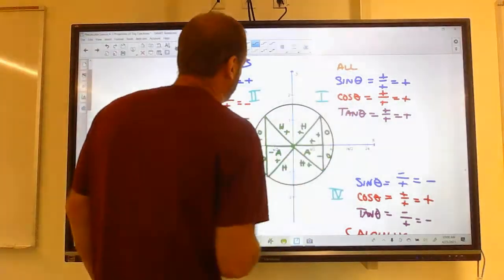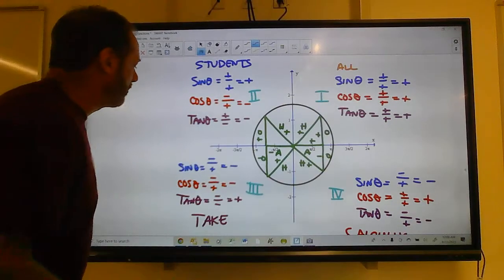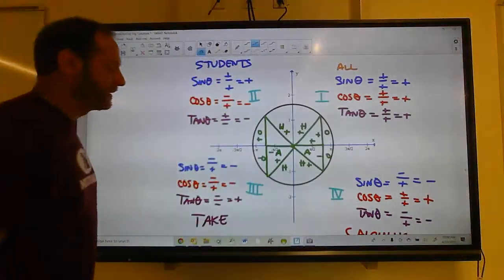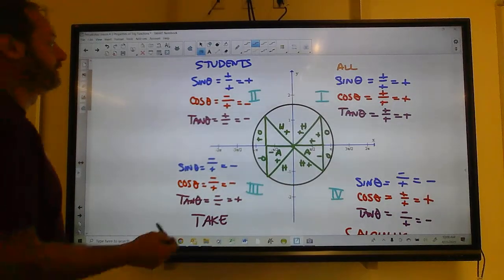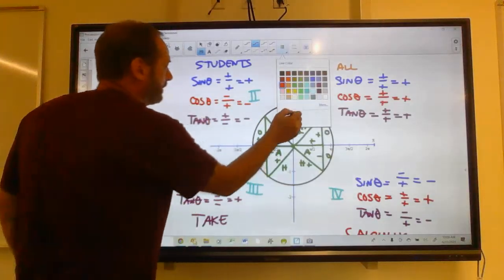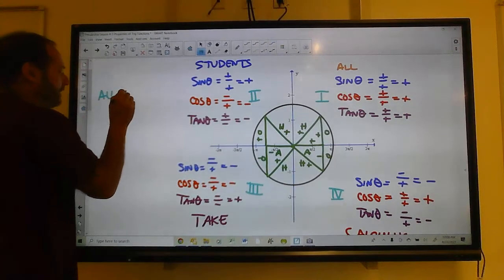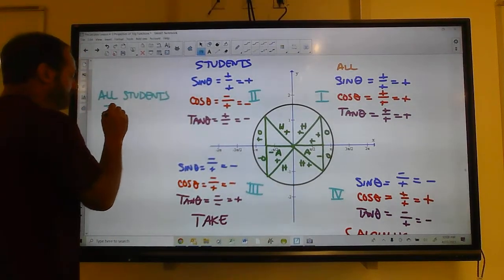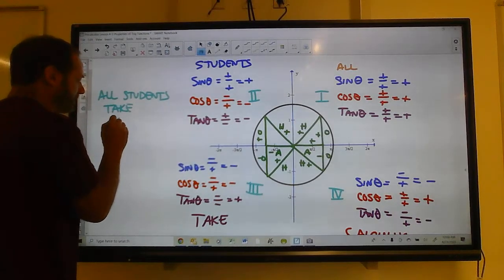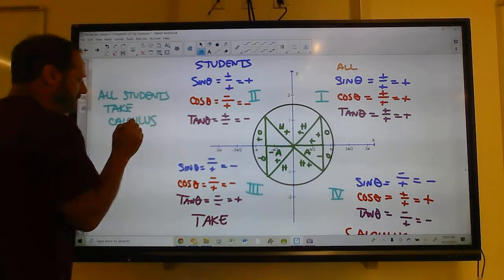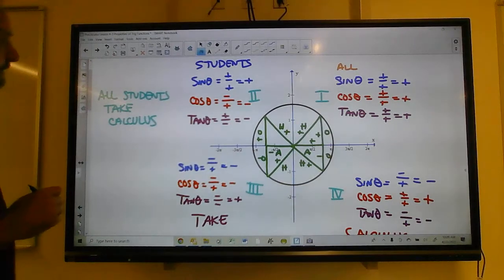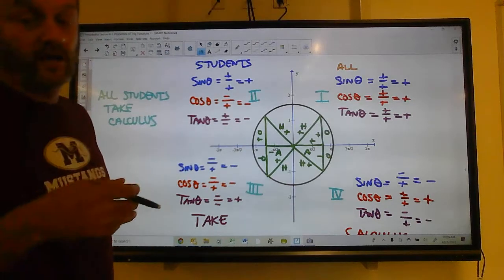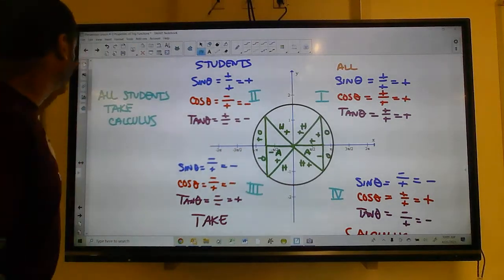All of them in quadrant 1, sine in quadrant 2, tangent in quadrant 3, cosine in quadrant 4. So just remember the phrase, all students take calculus. And if you go look at your trig chart that we did the other day, you'll see that that's true.